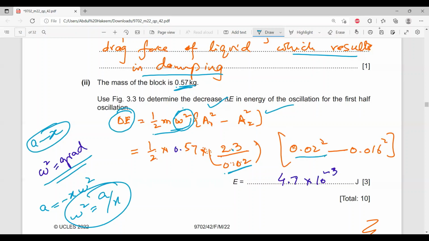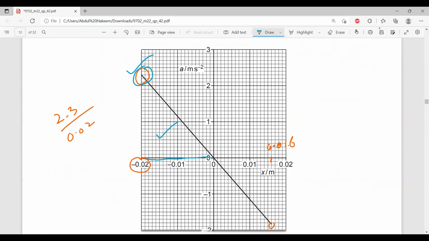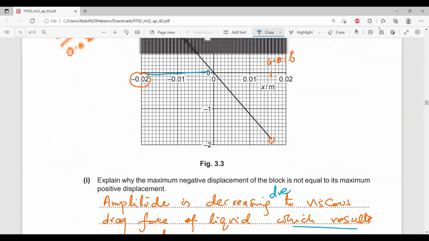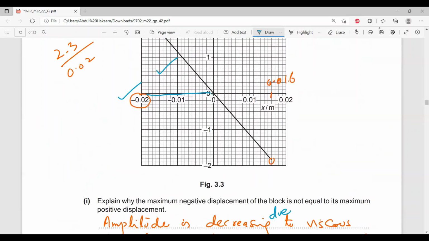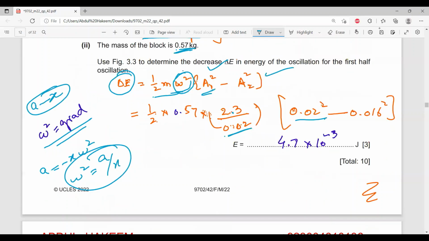And then the first side amplitude, look at this, this amplitude is 0.02. And the other side, this amplitude is 0.016. So for the first amplitude, 0.02 squared. For the second, 0.016 squared. And after calculation, you will get this answer as 4.7 times 10 to the power minus 3.